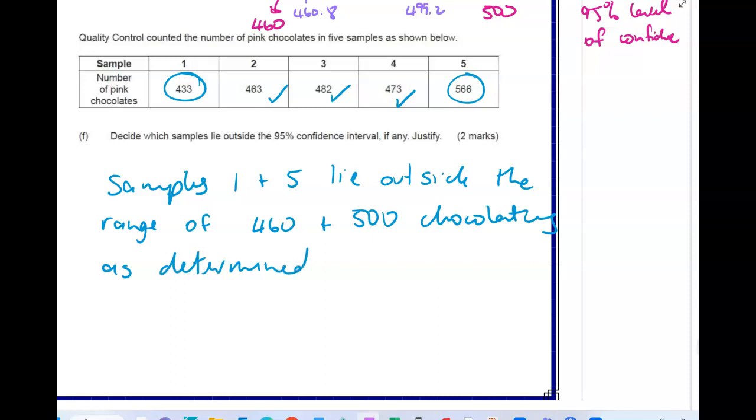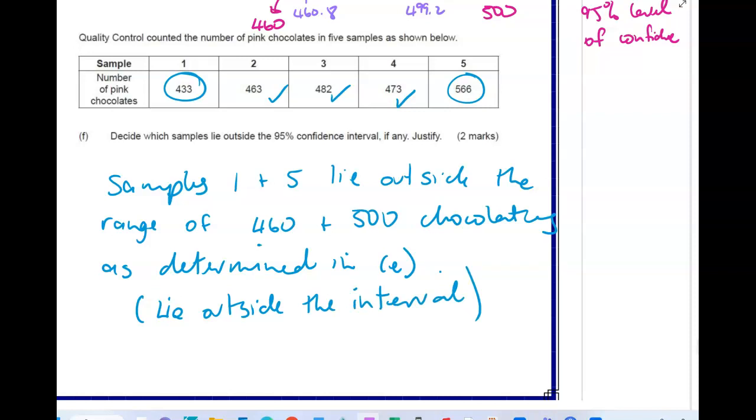Now, there's no further questions there, sorry, for the parts to this question, what I mean. So they lie outside the interval we gave. Now, if we were to look at this a little bit more, that's 2 out of 5, right?